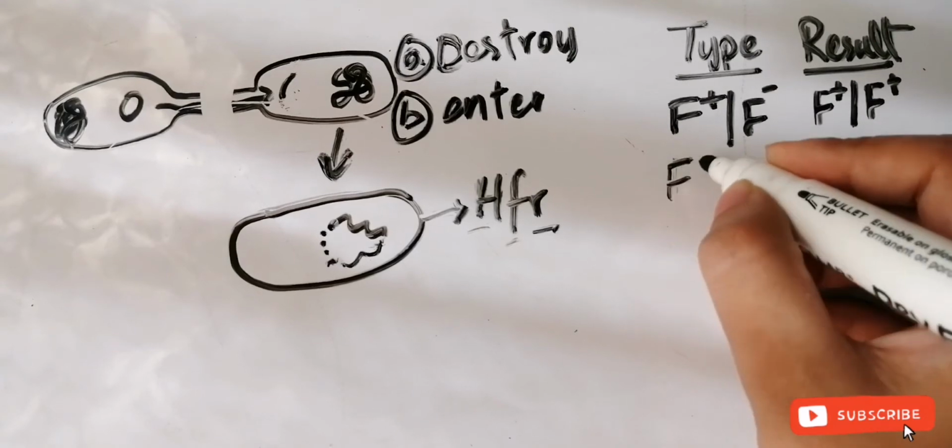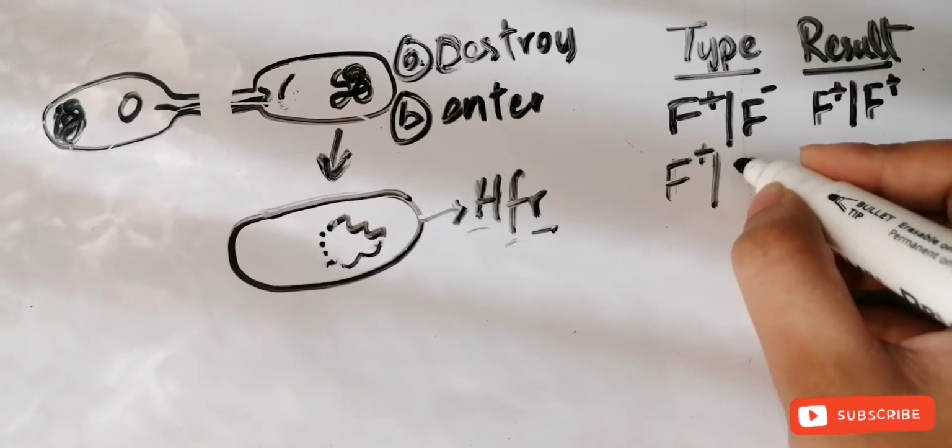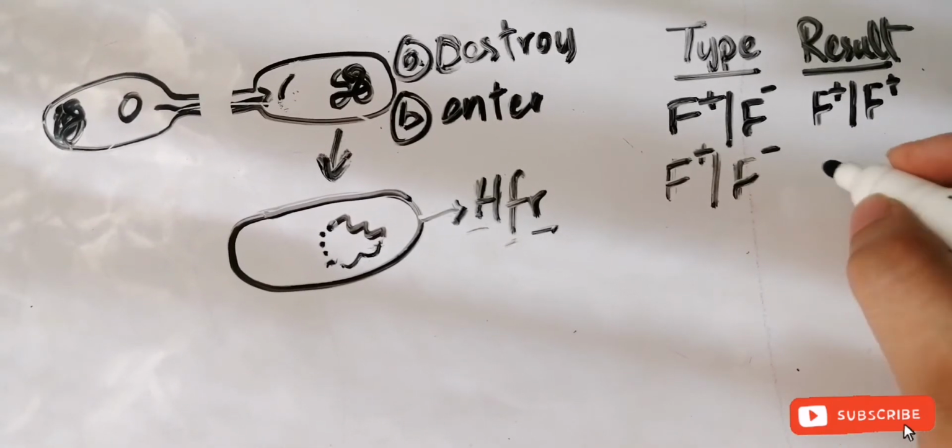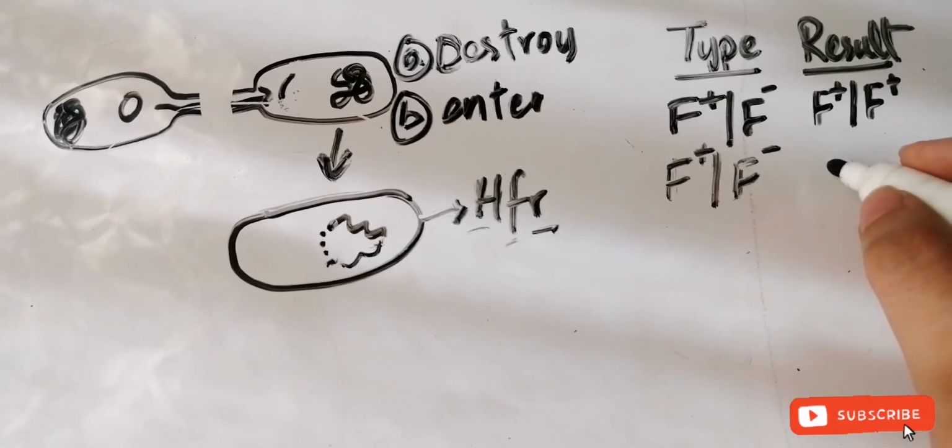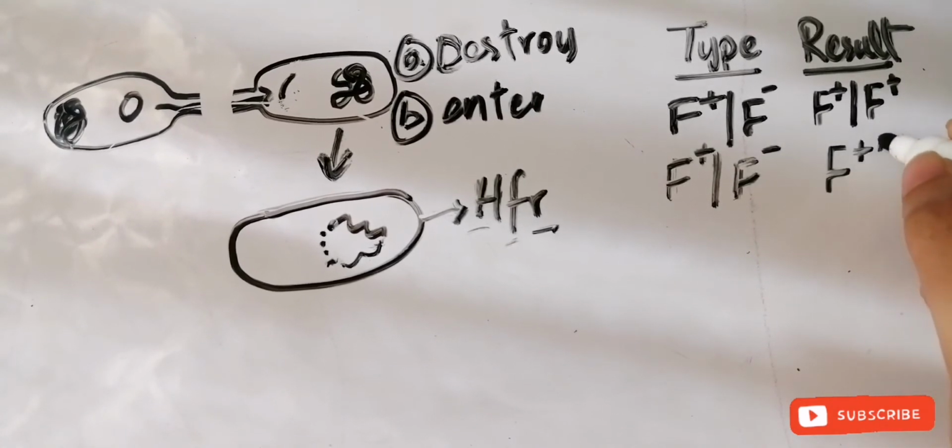The second condition, F positive and F negative, forms the result of F positive HFR.